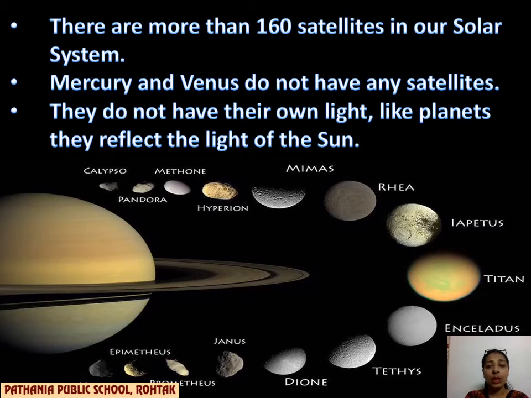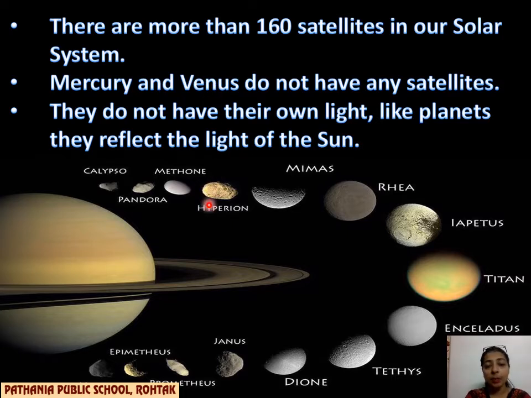There are more than 160 satellites in our solar system, that we have already discussed when we were discussing the planets. Jupiter has 79, Earth has one satellite. When we were discussing the planets, I already informed you that only two planets, Mercury and Venus, do not have their own satellites.